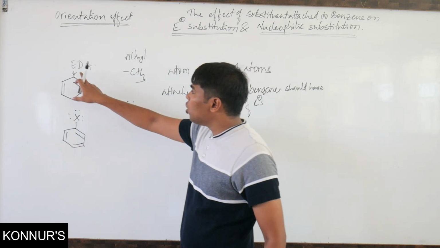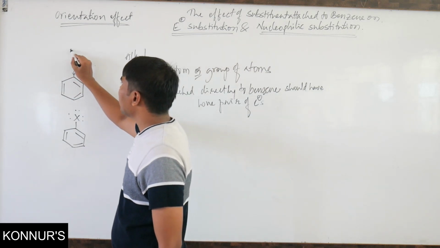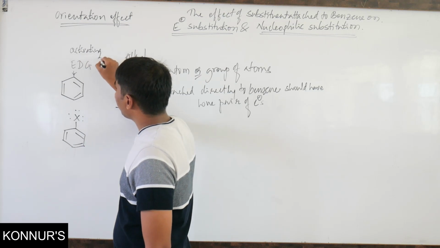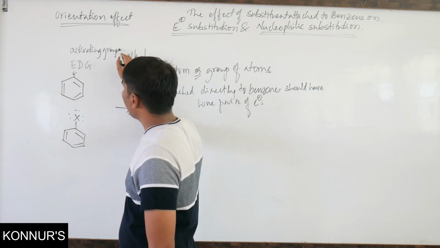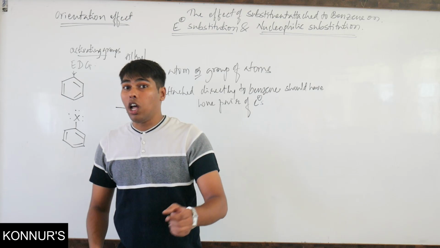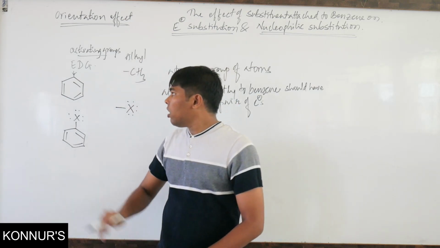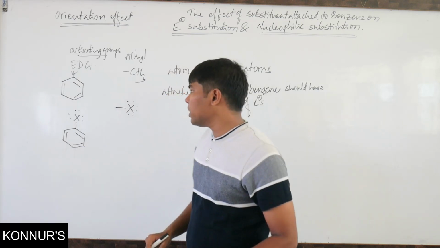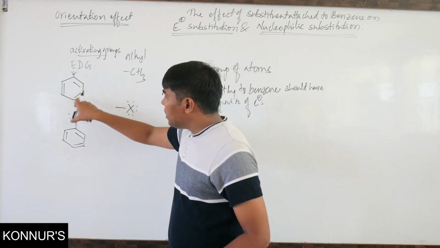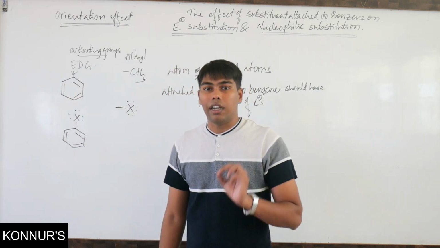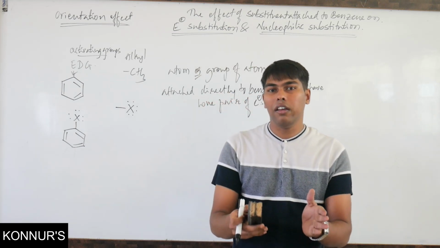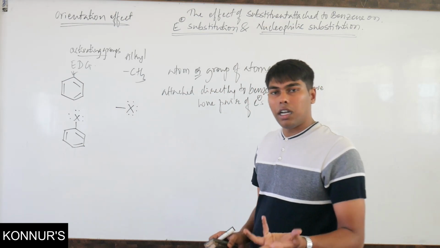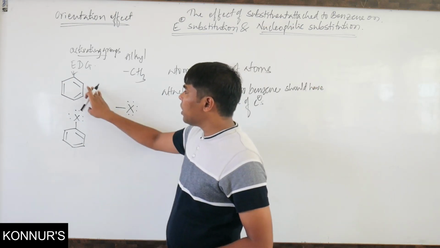So electron donating groups are called activating groups. Activating group for the electrophile, because on donating the lone pair of electrons, the benzene ring becomes an electron rich center, so the electrophile will easily attack the benzene at certain positions.